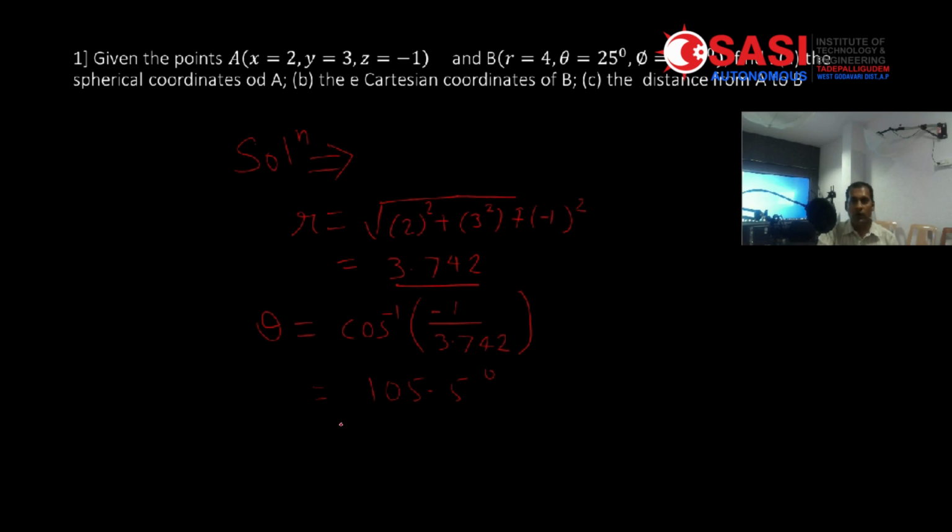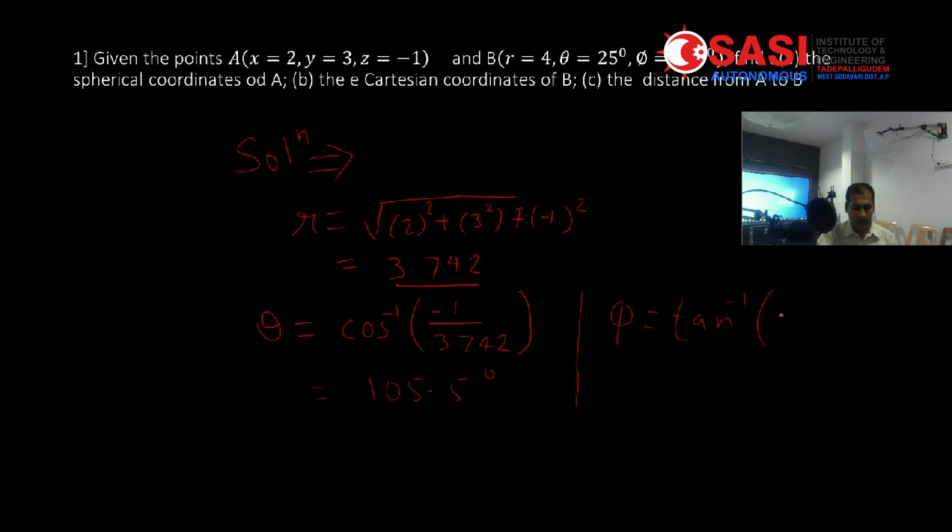Now for spherical coordinate we have to find out the third angle, which we can calculate as phi. So here we are converting the coordinates from Cartesian to spherical. So phi will be equal to tan inverse.